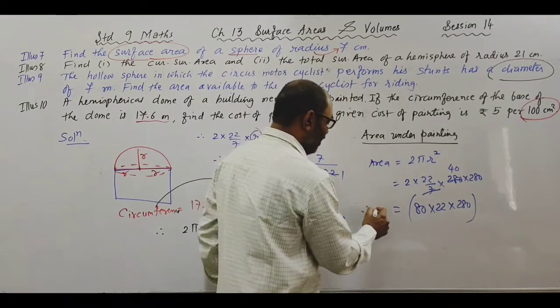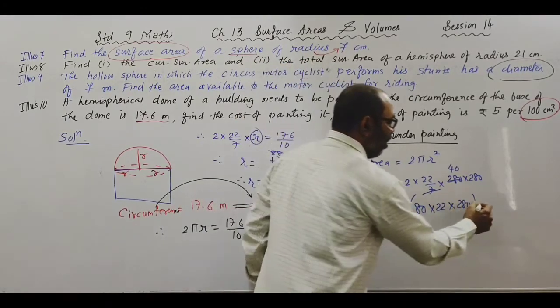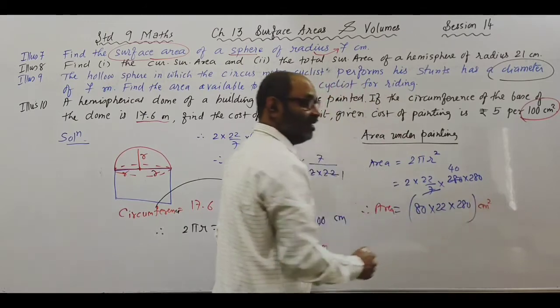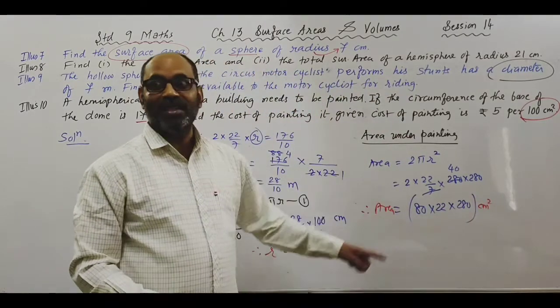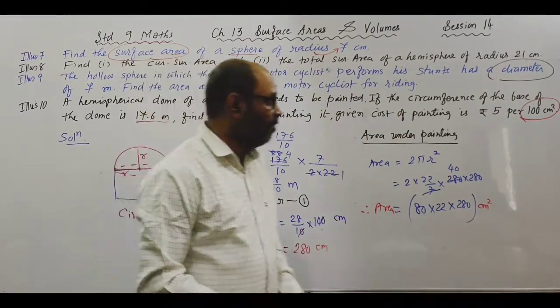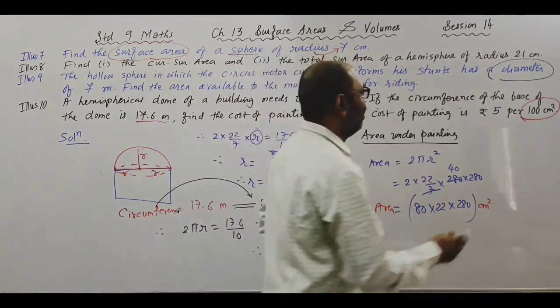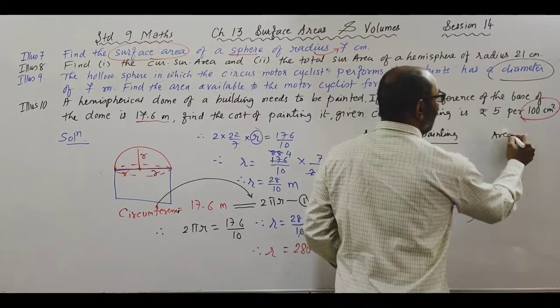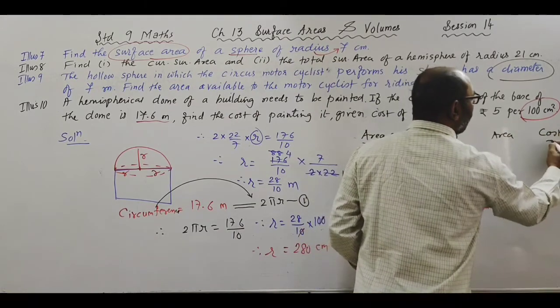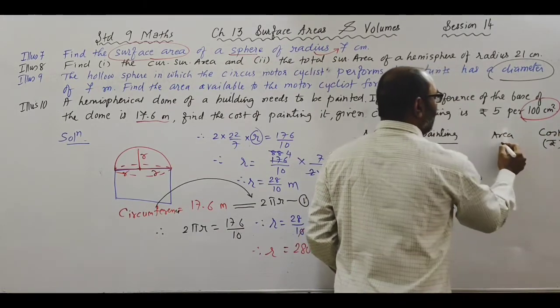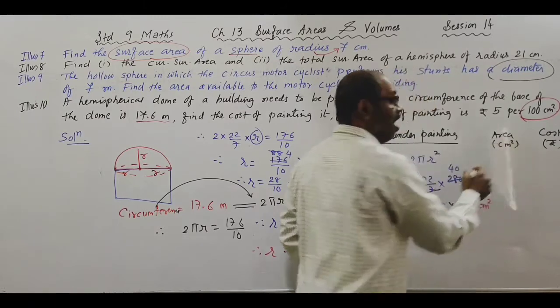What is this? Area in centimeter square. So much area is to be painted. Now you have to find what? Cost. So area and cost. Of course, cost is in terms of rupees and area is in terms of centimeter square.